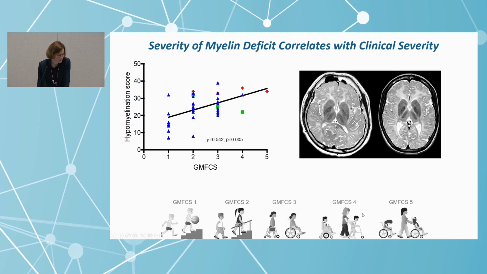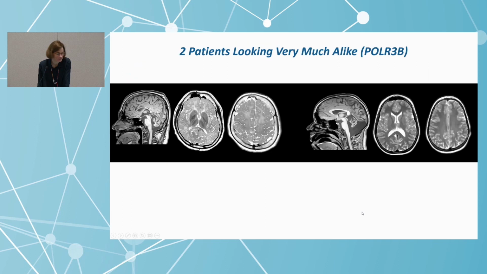So of course, those patients, we all know them. There are many patients who are quite mildly affected. And those are two patients I see in my clinics, both of them with POLR3B variants. And when you've seen many patients with 4H, you recognize them. They have this severe myopia. They have a very typical behavior also.